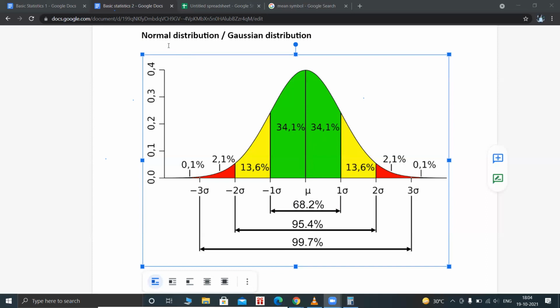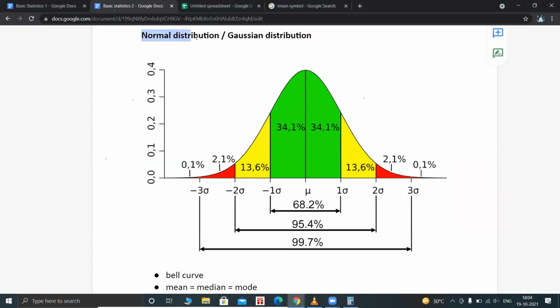So when data is normally distributed, also called Gaussian distributed, 68.2% of the data, consider 68% of the data, lies within one standard deviation from the mean. Okay, is this clear, guys?